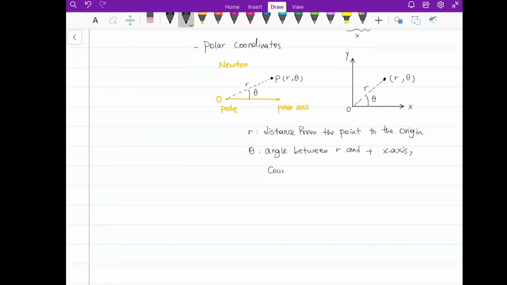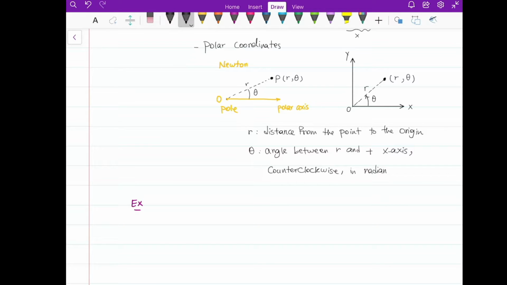It should be counterclockwise, and it also needs to be in radians. So it should be an angle like this. Okay, very good. Let me have some examples.